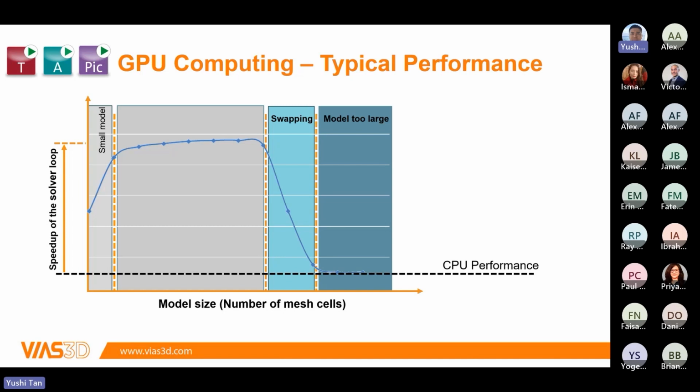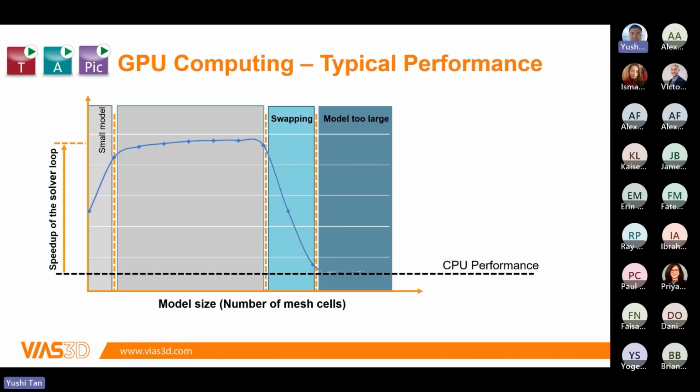Looking at this from the left, as we use GPUs, we would expect some kind of performance increase, up to a certain limit. The second orange dashed line in the middle means that the GPU memory has been reached. Let's say you have 32 gigs of GPU RAM on board.